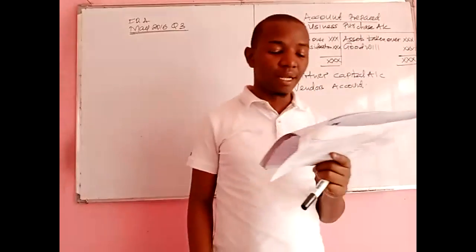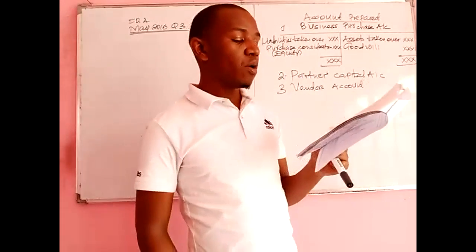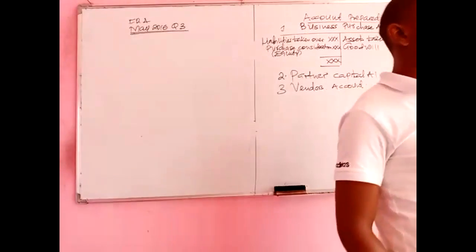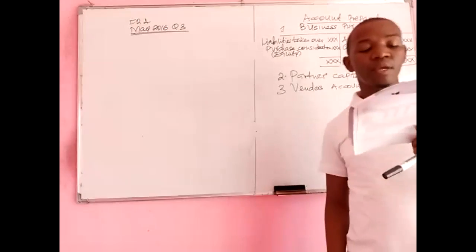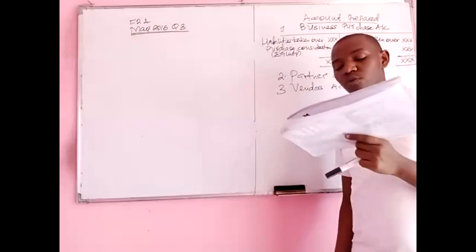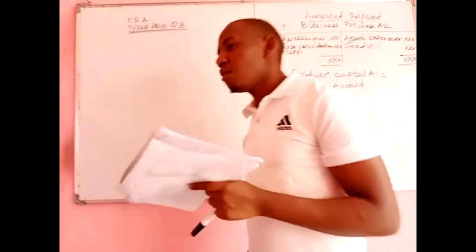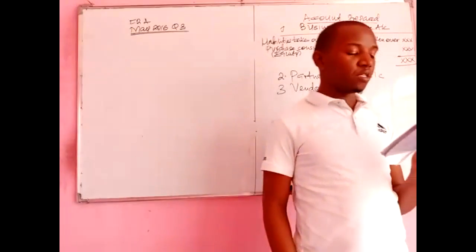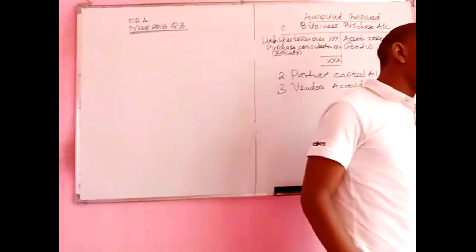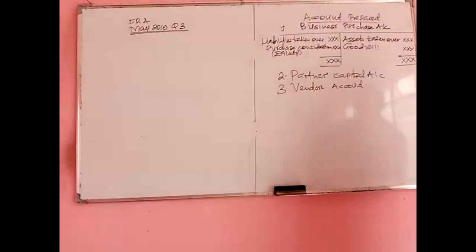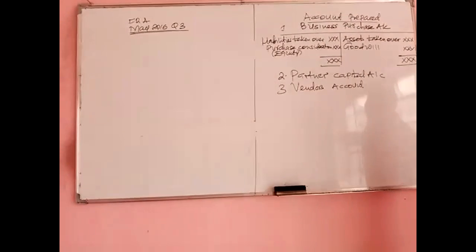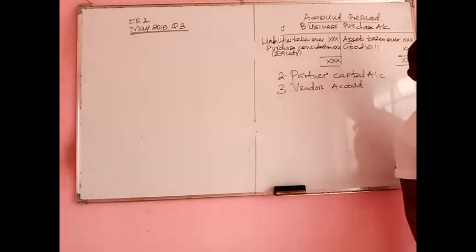Mabati Limited and Nyumba Limited also issued 1 million and 1.5 million fully paid ordinary shares of shillings 20, respectively, to corporate investors, A Limited and B Limited, on 1st January 2016. None of the companies has amortized the goodwill, and the formation expenses were paid by respective companies as follows. We've been given that there. Are we together?